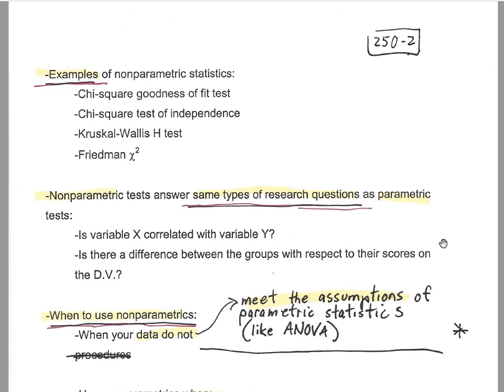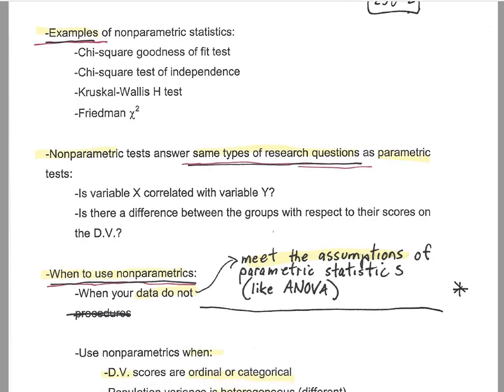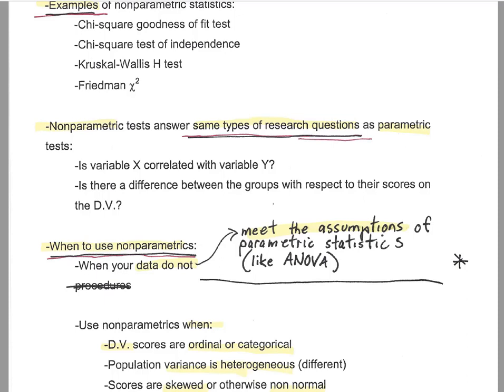Under what circumstances would we use nonparametric statistics like the chi-square test of independence? We typically use nonparametric procedures when our data do not meet the assumptions of parametric statistics like ANOVA. For example, here are some common situations where we would use a nonparametric statistical procedure.